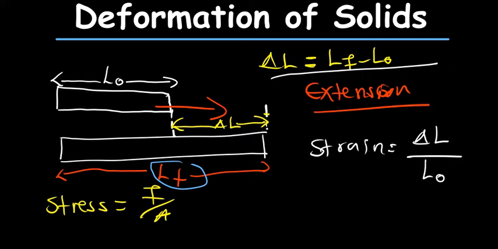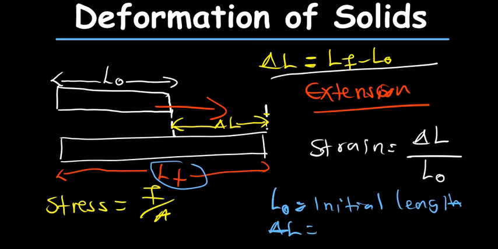L initial. Now this L0 is what we call the initial length. Then this change in L is what we call extension. If you see any question asking about extension, they are asking about this change in L. In some other books, they will tell you this change in L is also known as elongation.